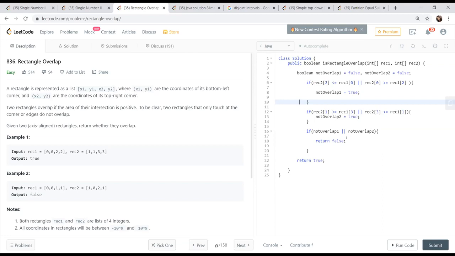I think a rectangle is four lines, right? Two lines are parallel. So I'm thinking of checking whether those two lines overlap. I haven't worked it out yet, but that's just on my mind.